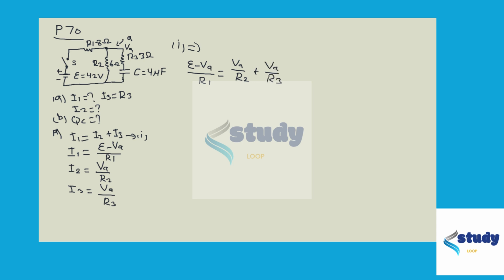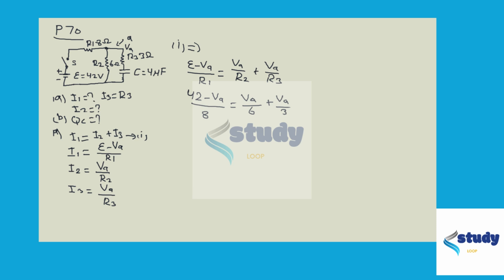Putting in values, we get the source voltage 42 volts minus VA, which is unknown, divided by R1, which is 8 ohms, equal to VA over R2, and R2 is given as 6 ohms, plus VA over R3, and R3 is equal to 3 ohms.